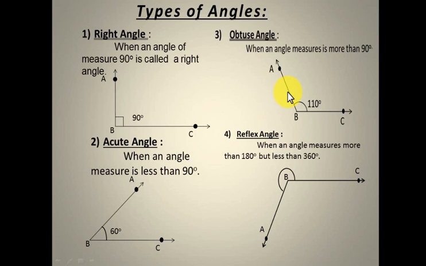When an angle measures more than 180 but less than 360, we call it a reflex angle. So you understood the difference between obtuse angle and reflex angle. When an angle measures more than 180, it's a reflex angle. When a measure is more than 90 but less than 180, we call it obtuse. Okay, I think these points are clear.